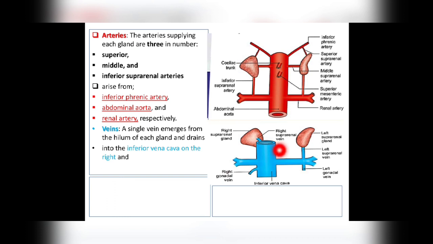Veins, a single vein emerges. This is inferior vena cava. This is left suprarenal gland. This is right suprarenal gland.